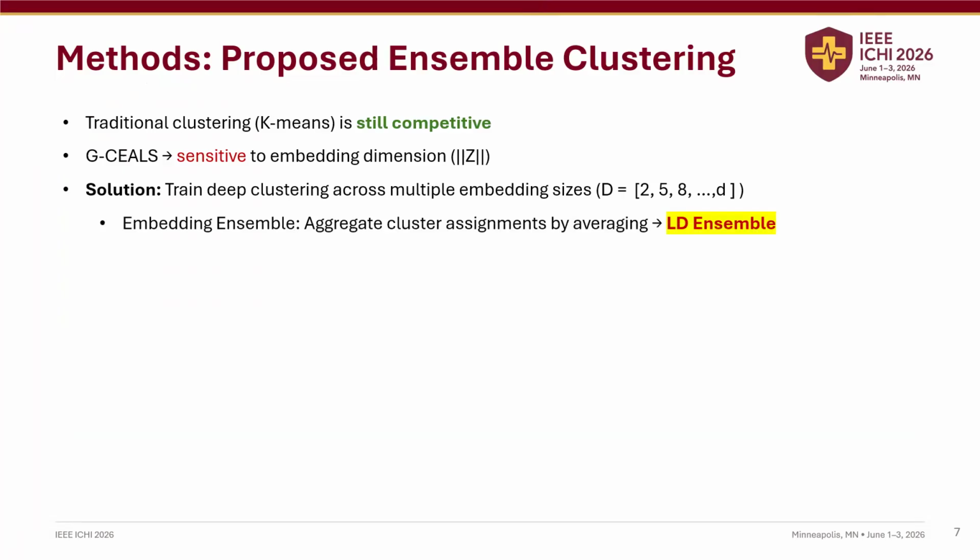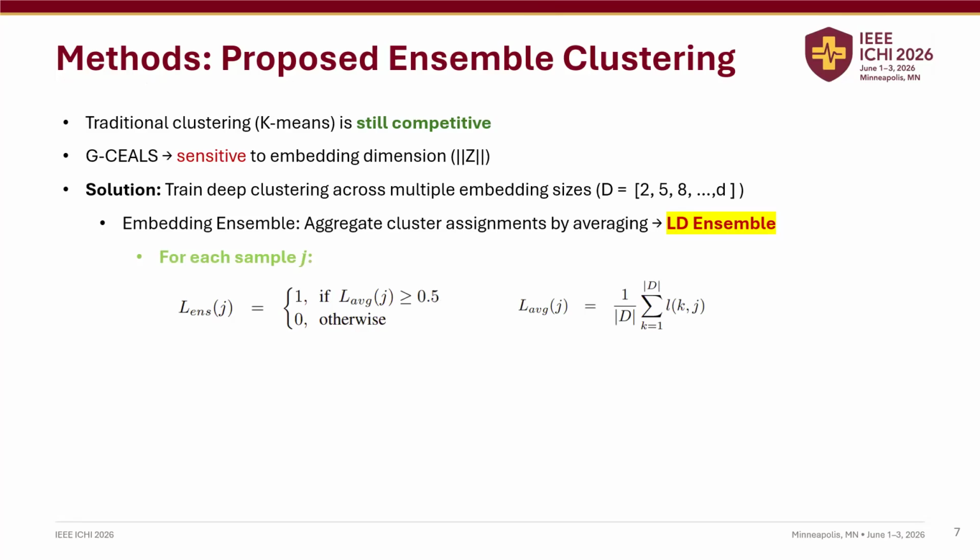Instead of gambling on one single fixed dimension, we trained the independent G-cells model across a stepwise embedding from 2 all the way to the full feature dimension of 33. We aggregate this diverse latent assignment using a mathematical averaging with the following equations for each sample G, creating the latent dimension ensemble.